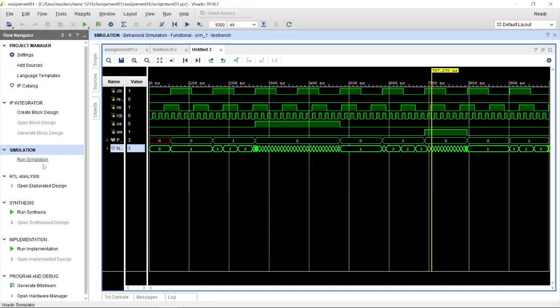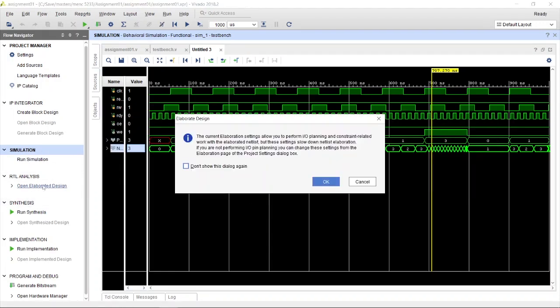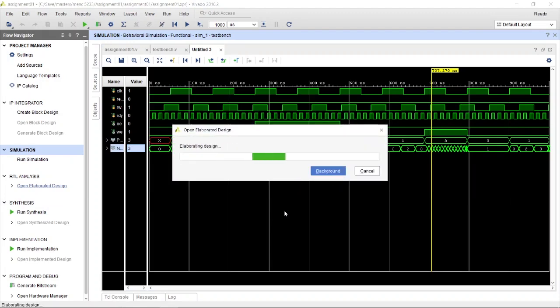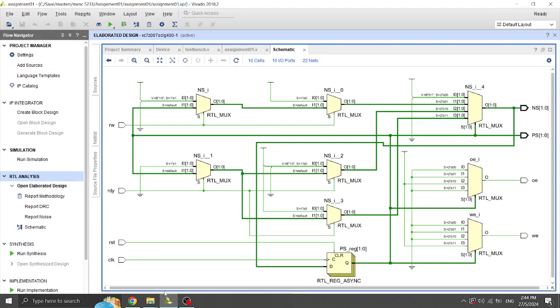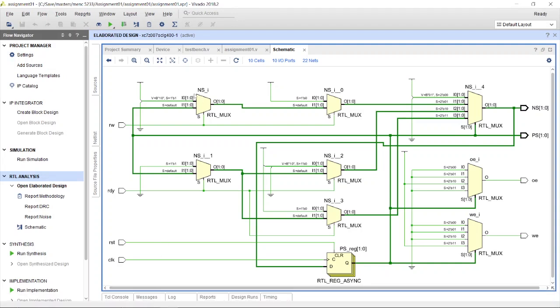One more thing is we can open this schematic. I think it comes out like this because of the FPGA board that I chose. If I chose a different FPGA board, it would maybe come up with a circuit that looks similar to mine, because it's basically the same.